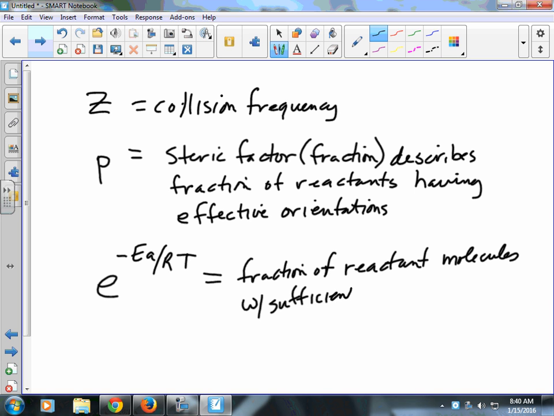All of this affects the rate constant. All of those things affect the rate constant. All of that is described in a collision model qualitatively.